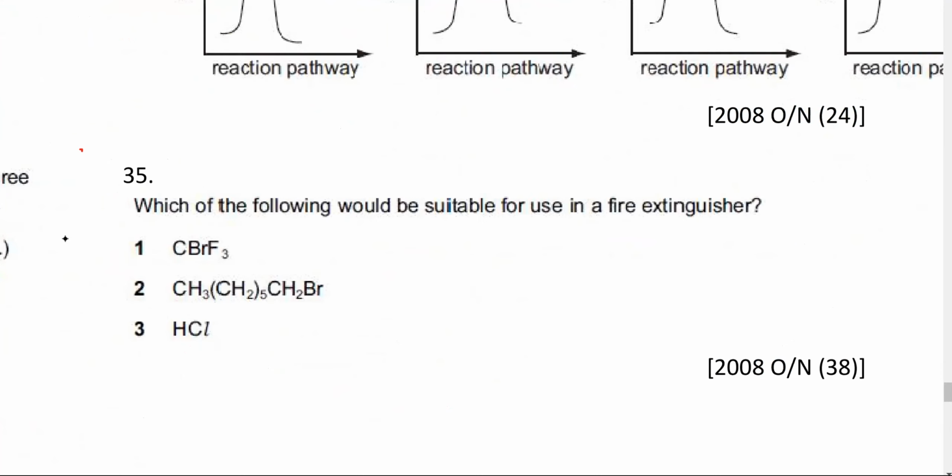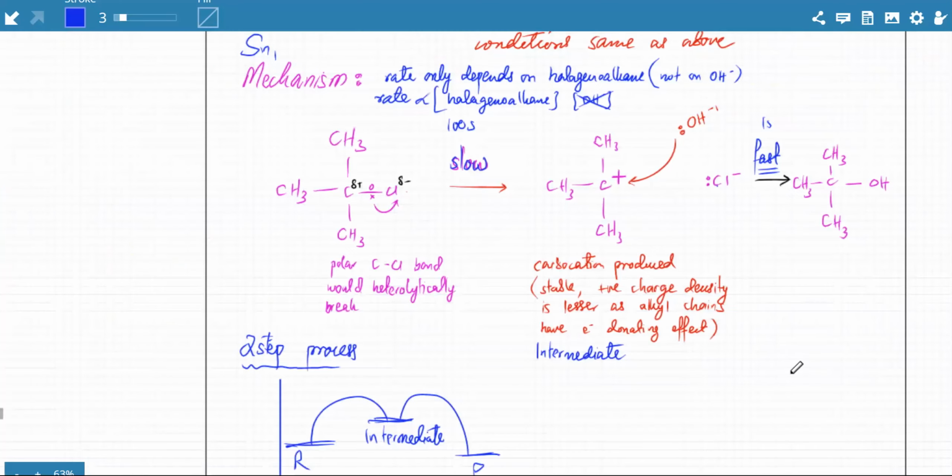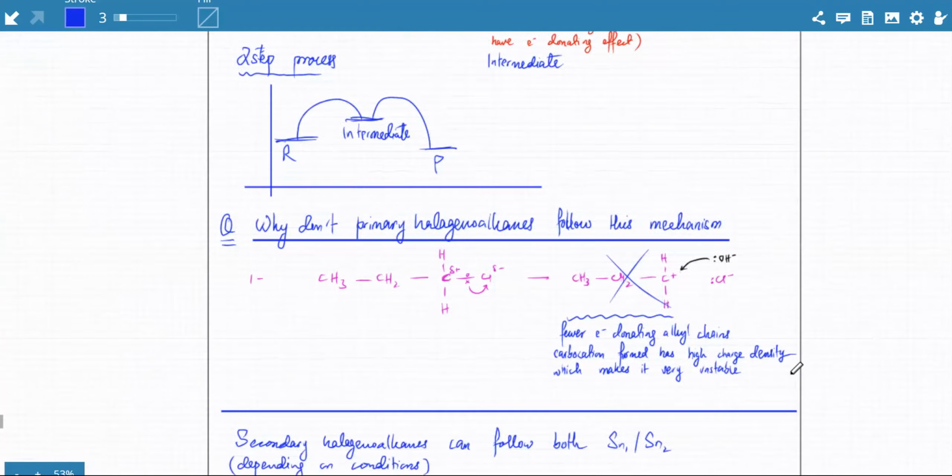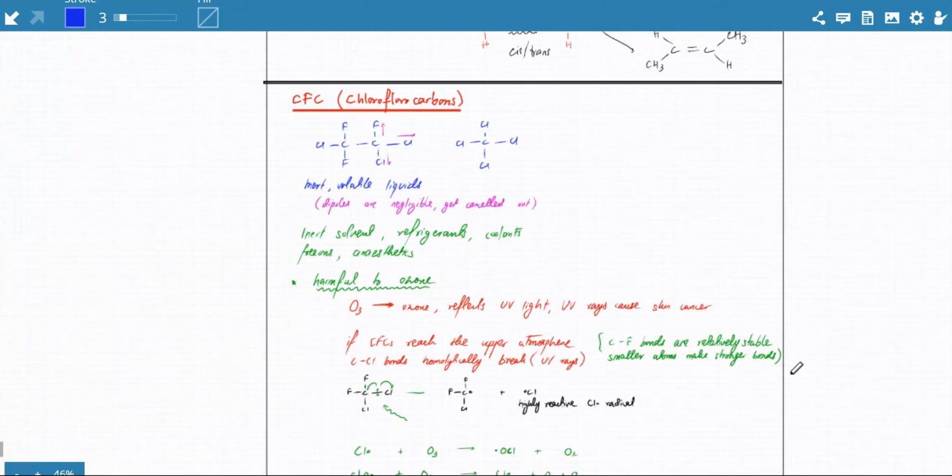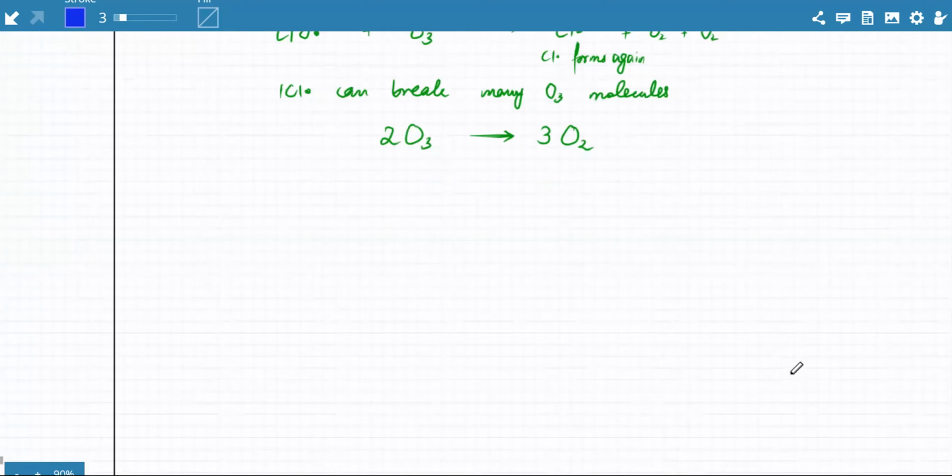अच्छा, now which of the following would be suitable for use in a fire extinguisher? तो अच्छा, fire extinguishers का, ये मेरे ख्याल से we should write this down. We talked about CFCs. कुछ questions fire extinguishers के ऊपर भी हैं.